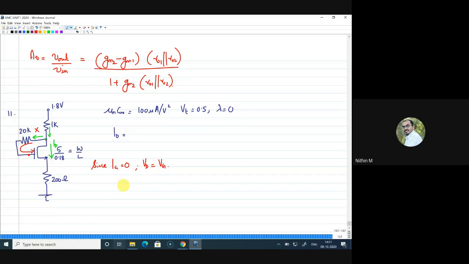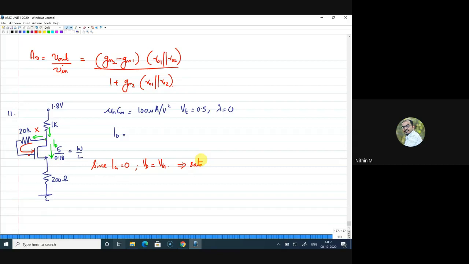If there is a short instead of the resistance, will it be the same? Yes, Madhusudan, both will be the same. Yes, it's in saturation, right? Very good. Since VD is equal to VG, this is in saturation. Yes, that is true.